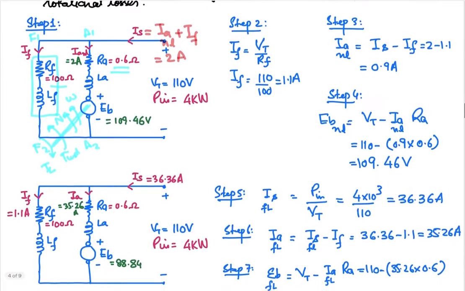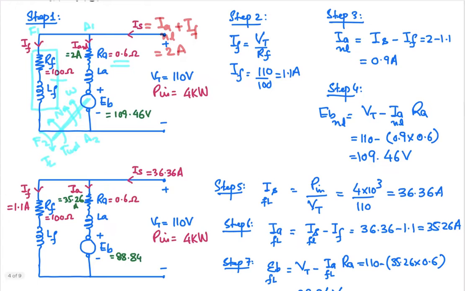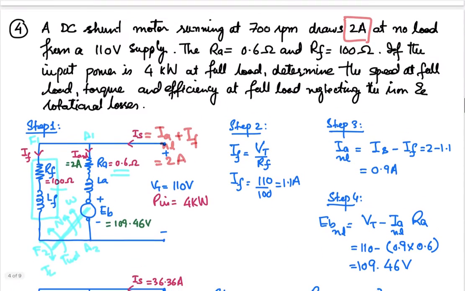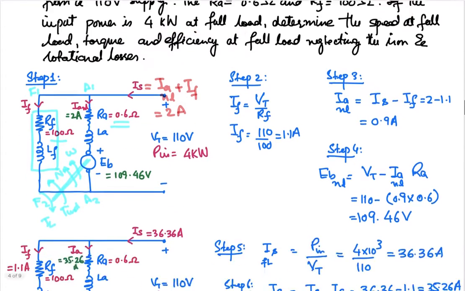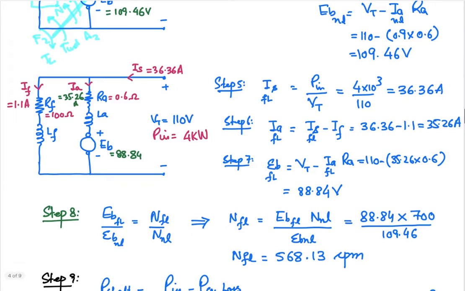Okay, now we are going to see what happens if the load on the machine changes. So that is shown over here. The input power is 4 kilowatt at the full load. So now we are going to use this one. First of all, we are going to determine the current that will be injected by the supply into your machine.